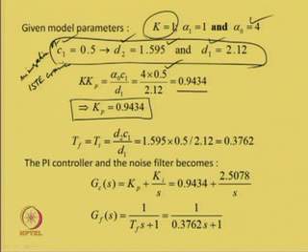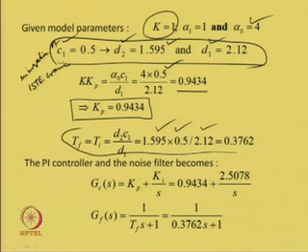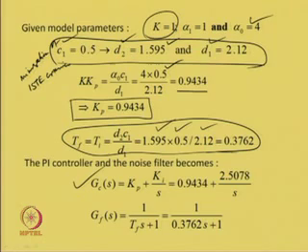Now, Tf is equal to Ti is given as D2 C1 upon D1. Now, which is nothing but D2 is 1.595 times 0.5 upon 2.12, which gives us Tf is equal to Ti is equal to 0.3762.